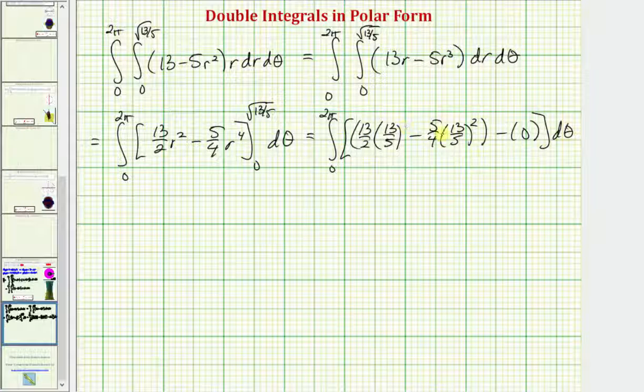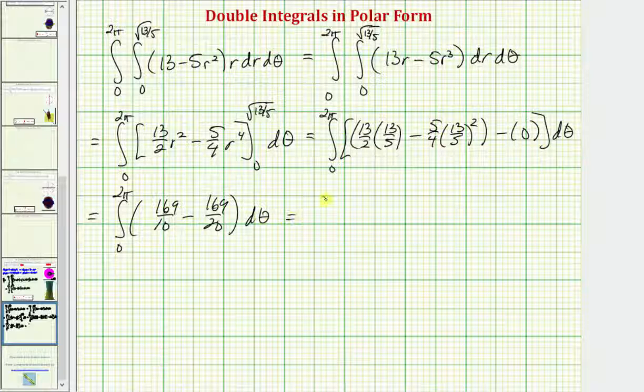Now we need to simplify this expression here. Here we have 169 tenths. And then we have minus 5/4 times 13/5 squared is going to be 5/4 times 169 tenths. It comes out to 169 twentieths. And then this difference comes out to 169 twentieths.